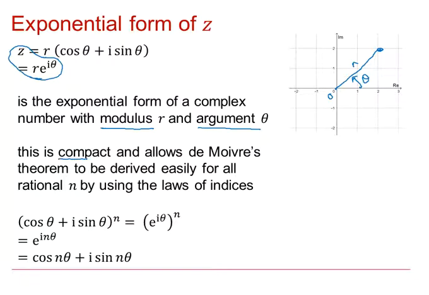So this is a very compact way of expressing a complex number, and it allows De Moivre's theorem to be derived more easily for all rational powers of n by using laws of indices.